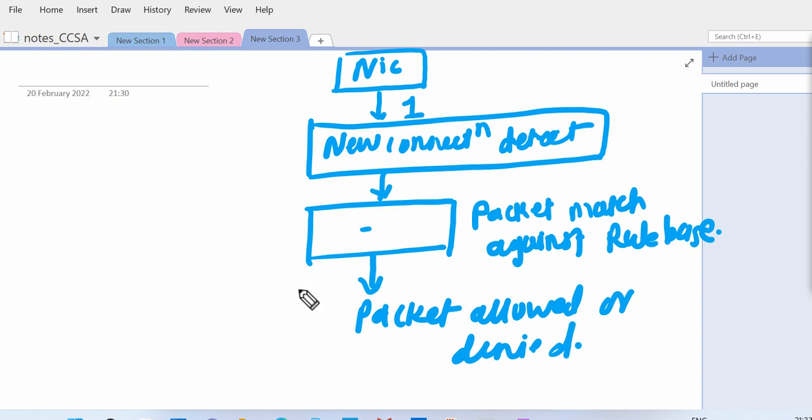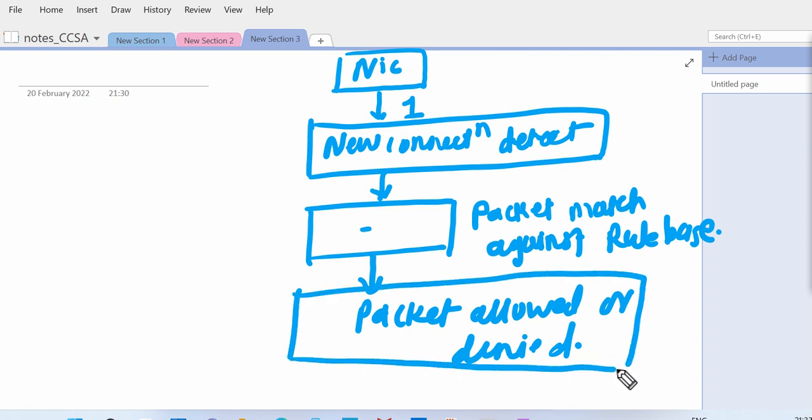This is what generally happens with a packet filtering firewall.